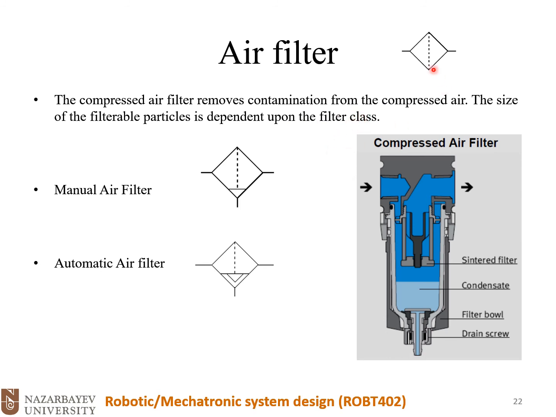Okay, so this is a symbol here: the air comes, passes through this filter here, and then we have the output port here. This one is a manual air filter, and this one is an automatic air filter.